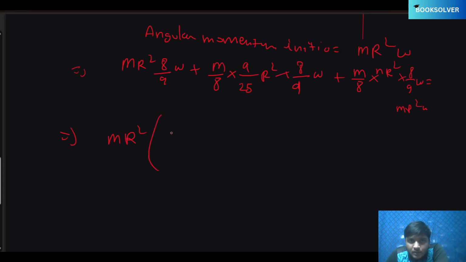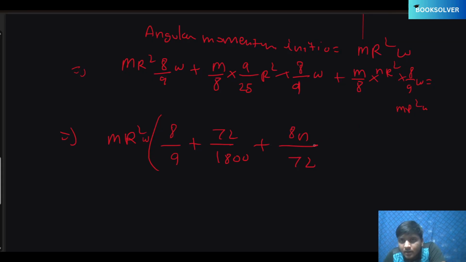With m r square and omega common, we have 8 by 9 plus 9 by 25 into 8 by 200, and there is also 8 by 9. So this is 72 by 1800, plus 8n square by 72.